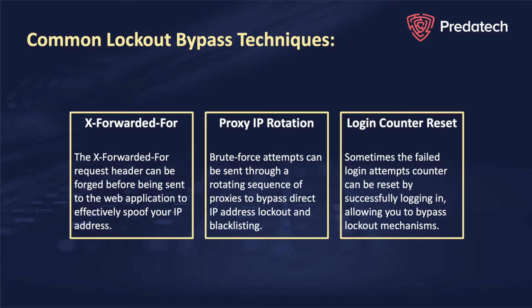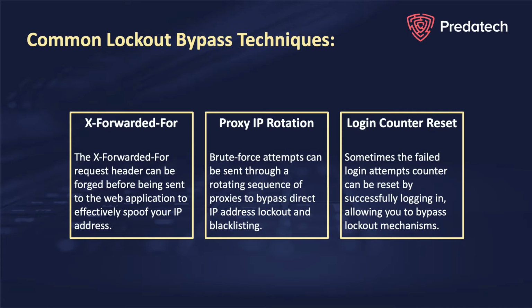When you send the request to the web application, you could add the X-Forwarded-For header and put a different IP address in. So it sometimes fools the web application into thinking that the origin IP address is different for each brute force attempt. So effectively, you can't be locked out because your IP address is masked by all these other IP addresses.